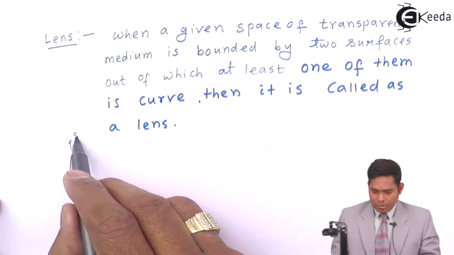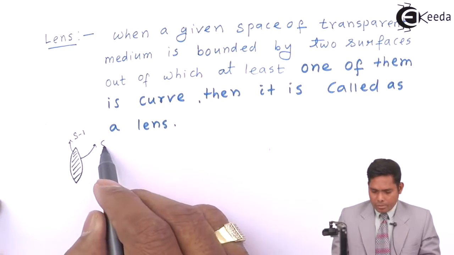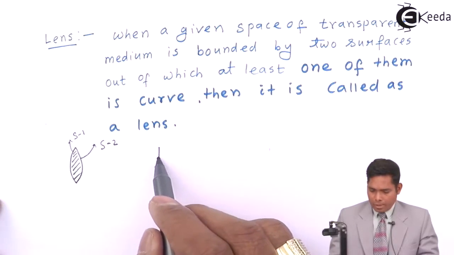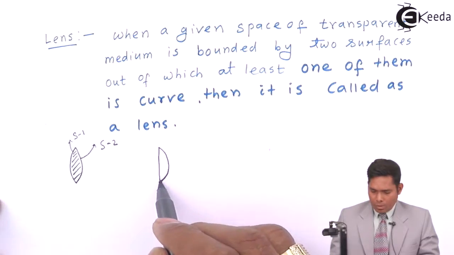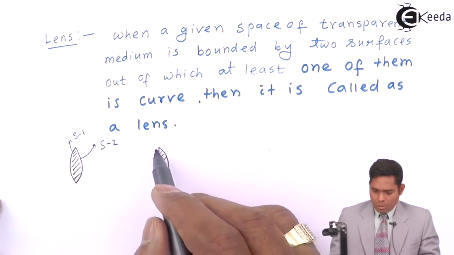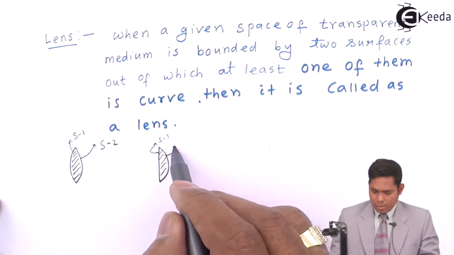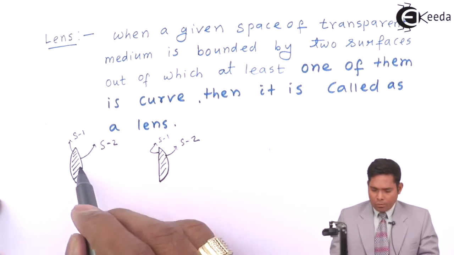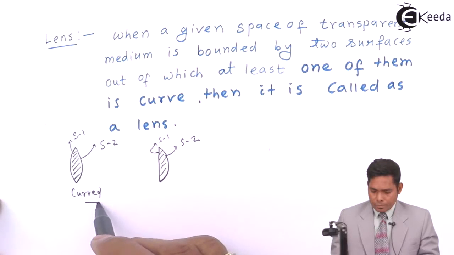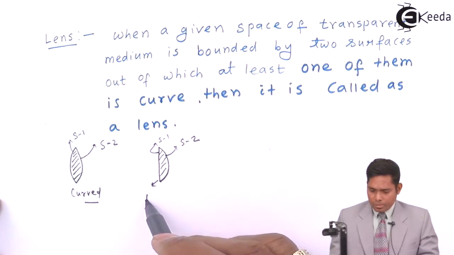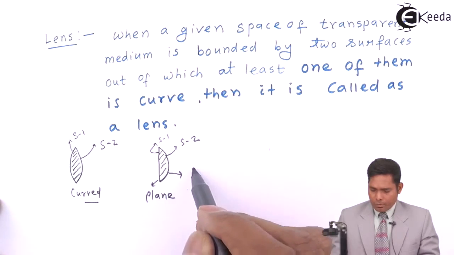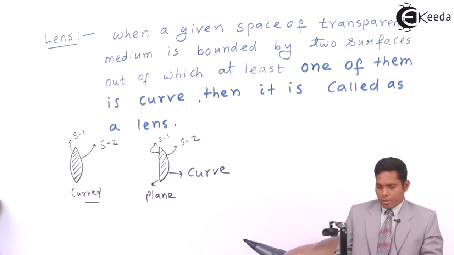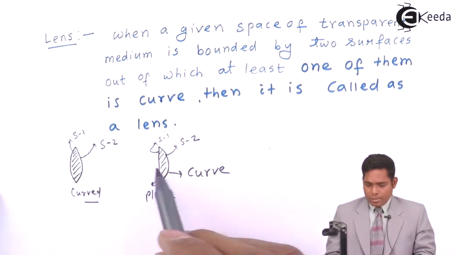This is surface number 1, this is surface number 2. I can have it like this, with surface 1 and surface 2, where both the surfaces are curved. Here this surface is plane and this surface is curved. So these are lenses.